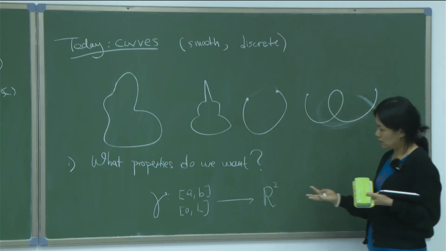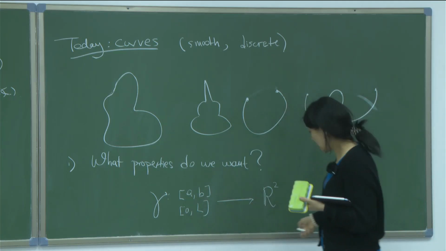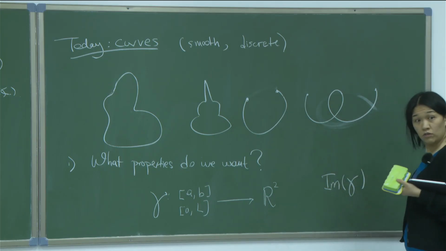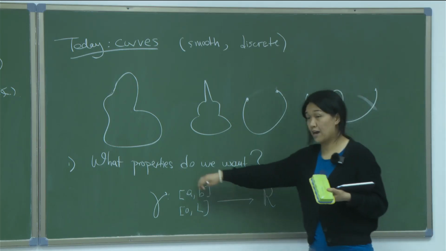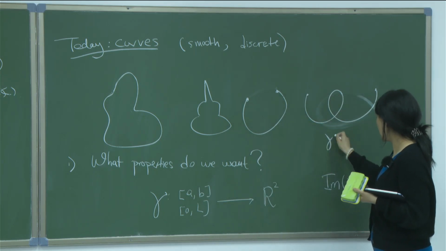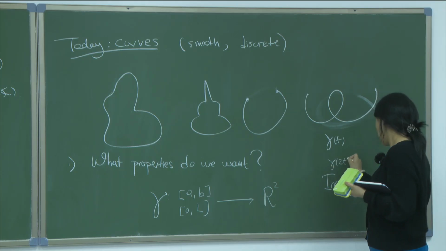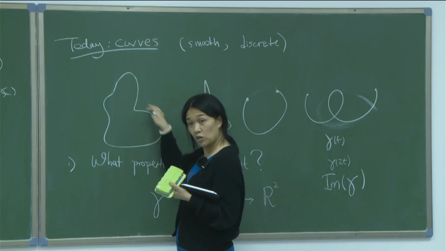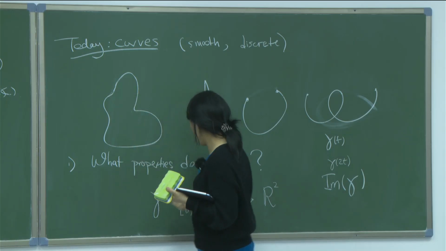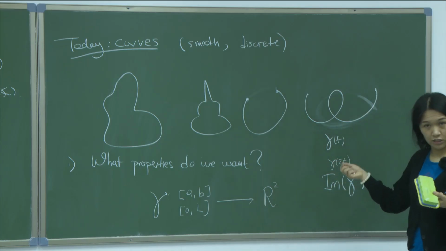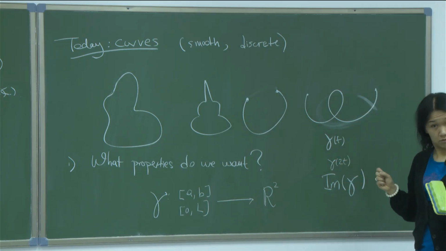Now, it's normally just a map like this, and we are interested just in the image of our curve, and not in the actual map. So when you have a map gamma of t and a map gamma of 2t, the image would be the same curve. The only difference is that the interval is slightly smaller, right? So geometrically, it doesn't make any difference, right?